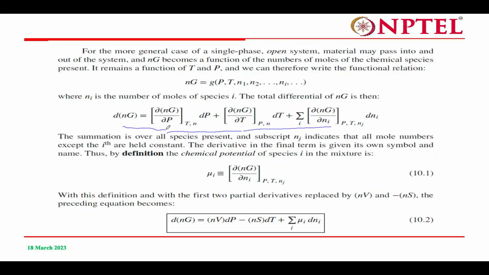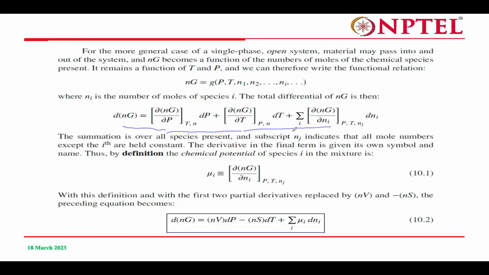The partial derivative of nG with respect to P at constant temperature and moles, similarly with respect to T at constant pressure and moles. Thus the summation over i of the derivative of nG with respect to ni at constant pressure, temperature and nj. Here the subscript nj indicates that all mole numbers except i are held constant.